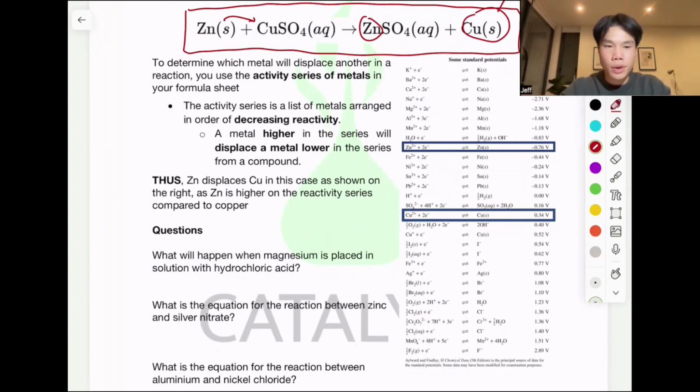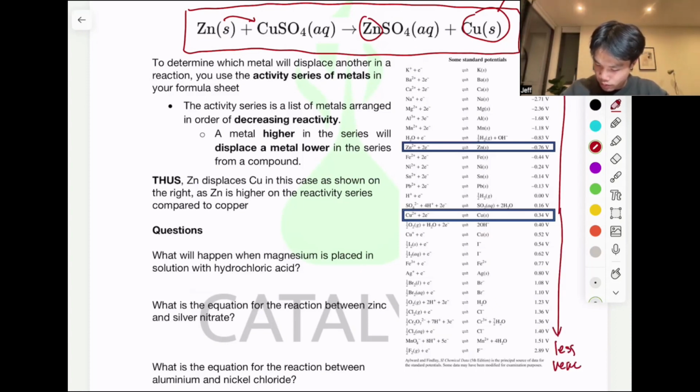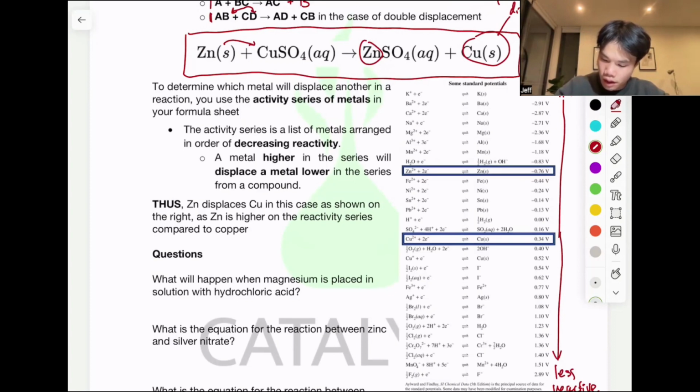All that I want you to take away from today is for the positively charged ions, the closer to the top it is, the more reactive, and the closer to the bottom it is, the less reactive. Closer to the top, more reactive, closer to the bottom, less reactive, and this is for all of our cations, our positively charged ions, positive cations.